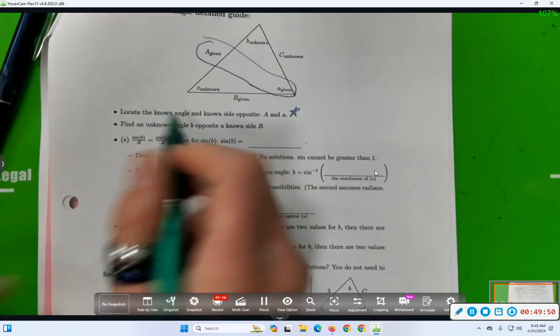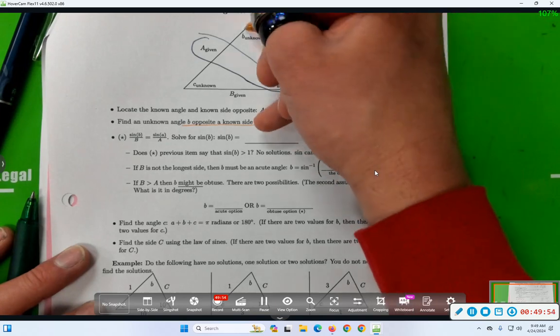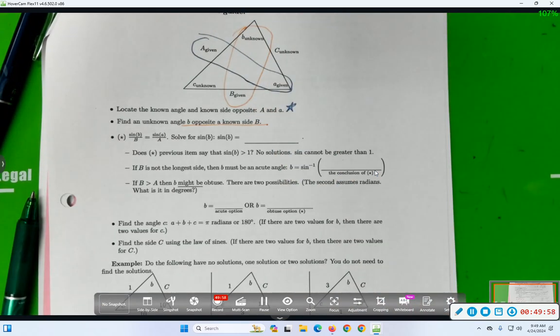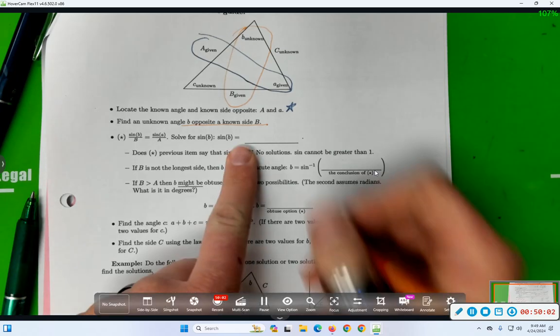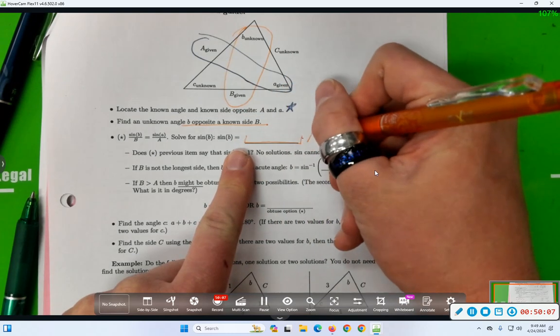Next, locate an angle that you don't know opposite a side you do know. Now you can use the law of sines to write down an equation, and you'll get sine of b equals some stuff.